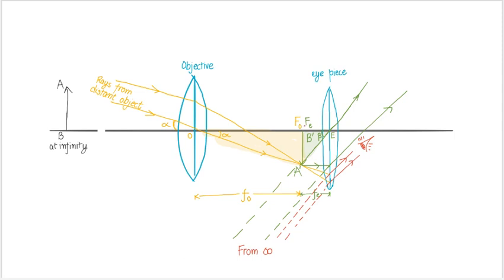For tan beta, consider this green triangle.